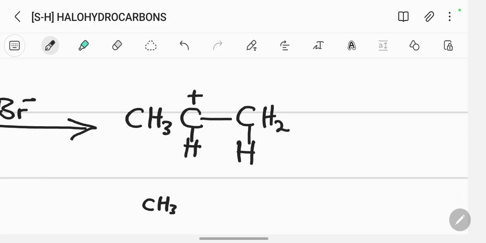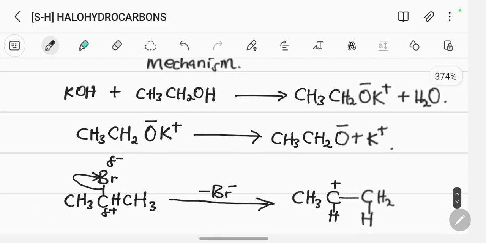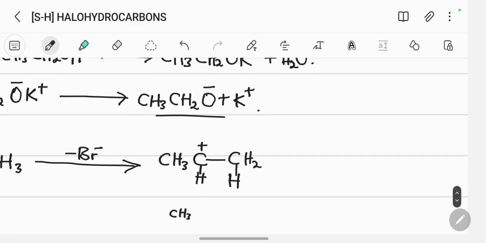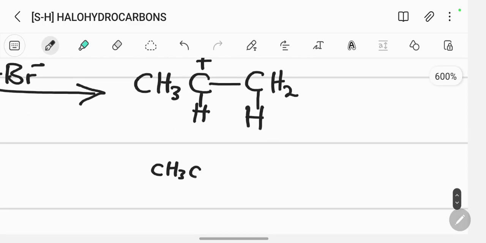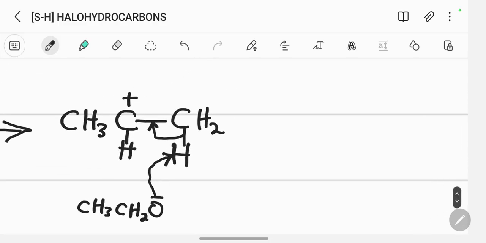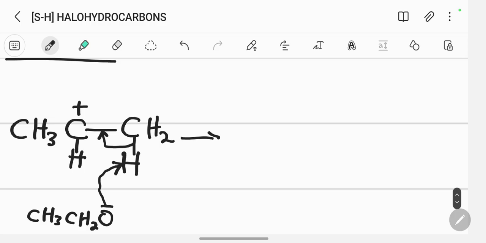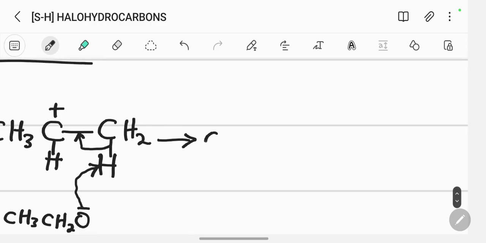CH3, this very one that we formed here, the ethoxide, is going to come and fetch the hydrogen, and this hydrogen will submit its electrons to form that bond there. So CH3CH=CH2. Now we are left with two hydrogens there.